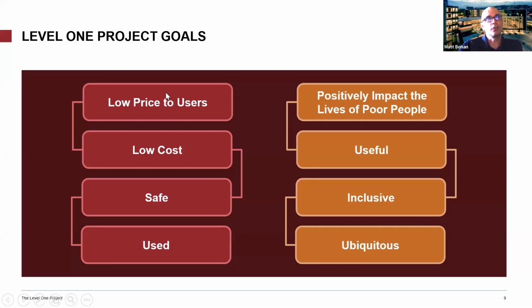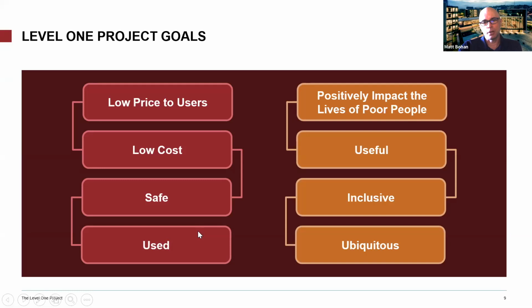So there's really kind of two twin pillars of goals for the Level One project, right? On the left, low price to users, on the right, positively impacting the lives of poor people, right? And so in order for it to be low cost or low price to users, it's got to be low cost, and it's got to be safe. So the cost of fraud and the illicit activities within the system have to be controlled to keep the system safe, and the system has to be used.